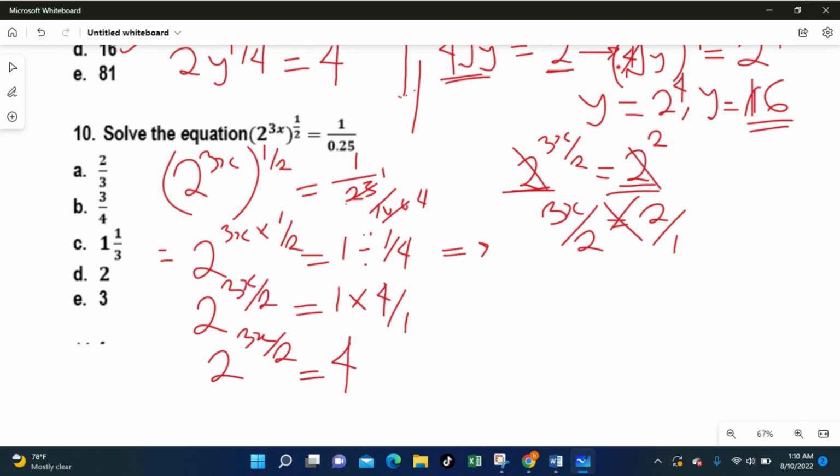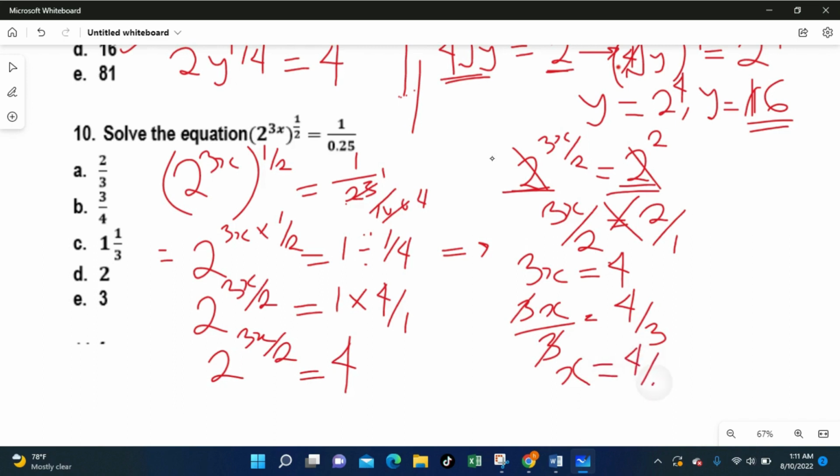Once you cross multiply, 3x times 1 gives us 3x, equal to 2 times 2, which is 4. Dividing both sides by 3, 3x over 3 equals 4 over 3. So the 3 cancels the 3, and x is equal to 4 over 3. Do you find that in the options?